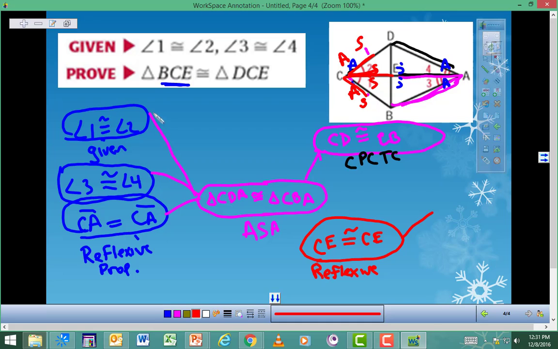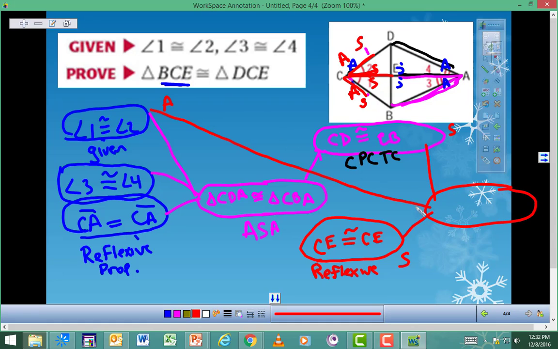So I'm using angle 1 and 2. That gave me an angle. Oh, I need the side. Where's CD at? Oh, CA. Oh, hang on. Oh, here it is. I have this piece right here. That gave me the side. This gave me the angle. This gave me the third side. So I have side, angle, side now. And now the two triangles are congruent.